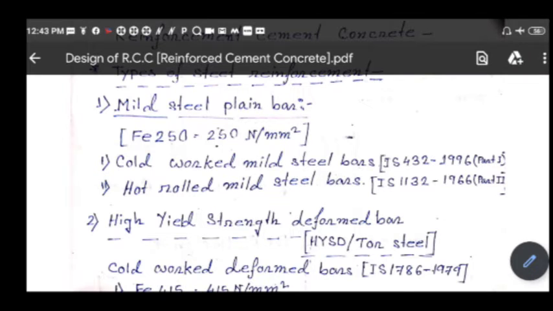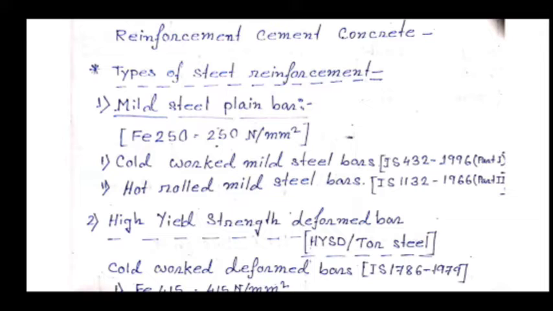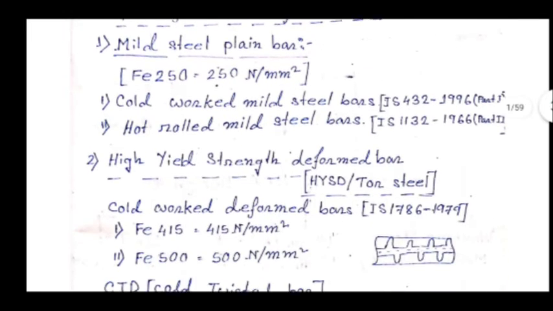So there are two types of mild steel plain bar: cold worked mild steel bars from IS 432 1966 part 1, and hot rolled mild steel bars from IS 1139 1966 part 2. Another type of bars, which are mainly used nowadays, is high yield strength deformed bars, HYSD or torsteel.